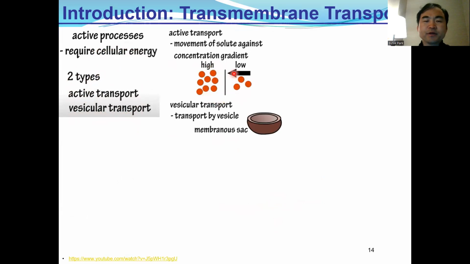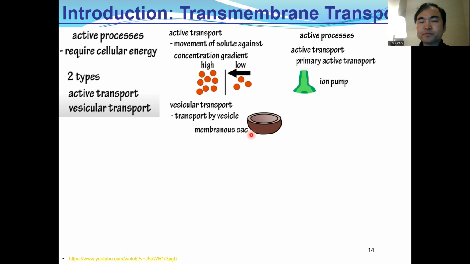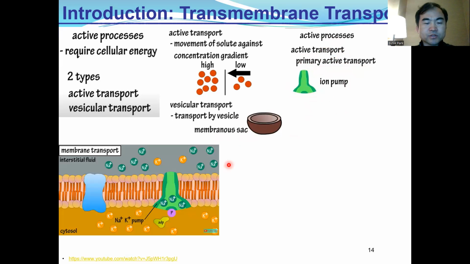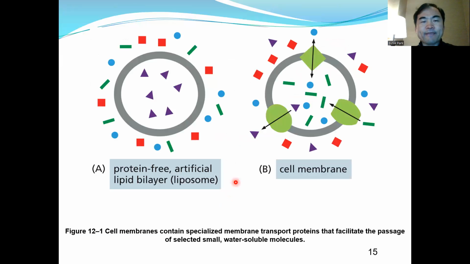Active transport is the movement of solute against the concentration gradient. Vesicular transport is transport by a membranous sac. Primary active transport is the ion pump.